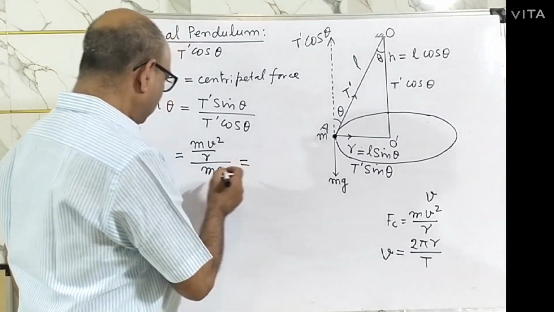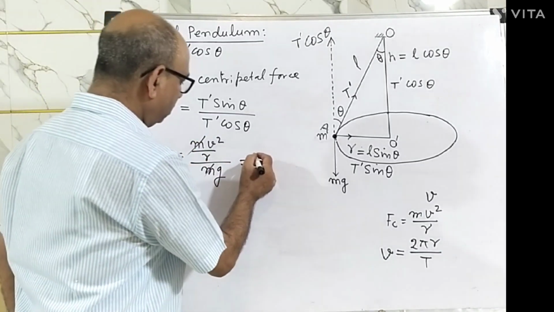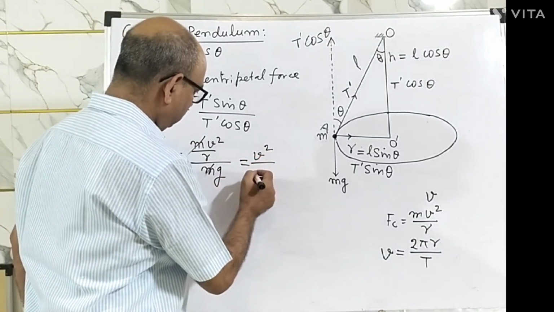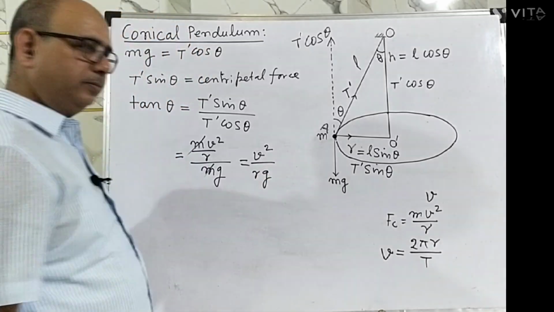This will be equal to m cancels out, this is equal to v square divided by rg.